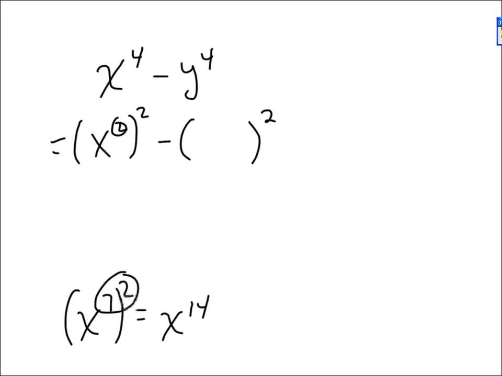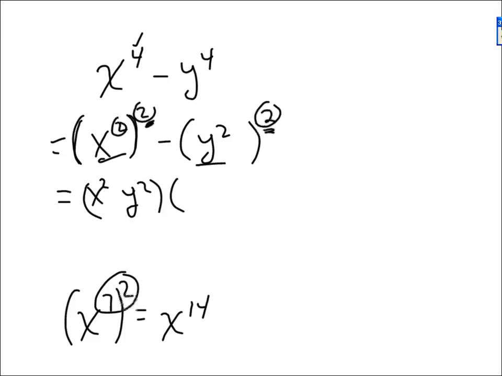Well, 2 times 2 gives me 4, x to the 4th, and here's y squared, squared. So it's the difference of squares. What's being squared? x squared and y squared. Do it again. x squared, y squared.